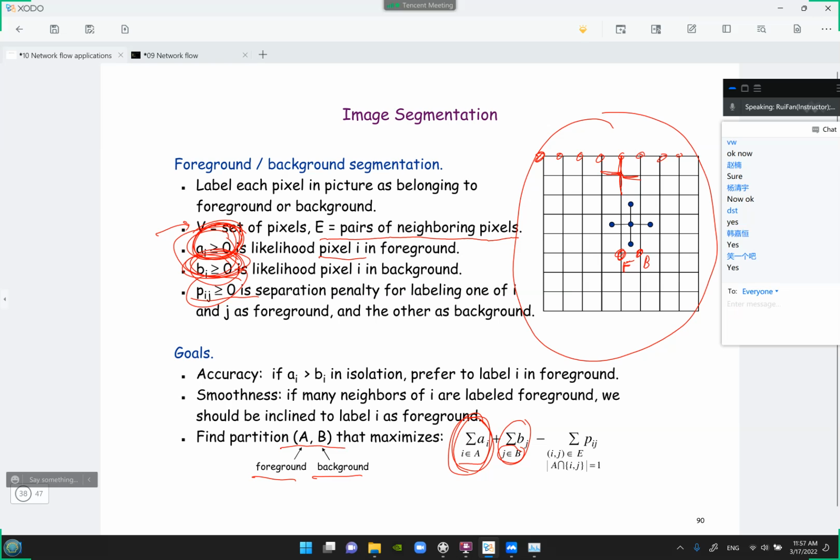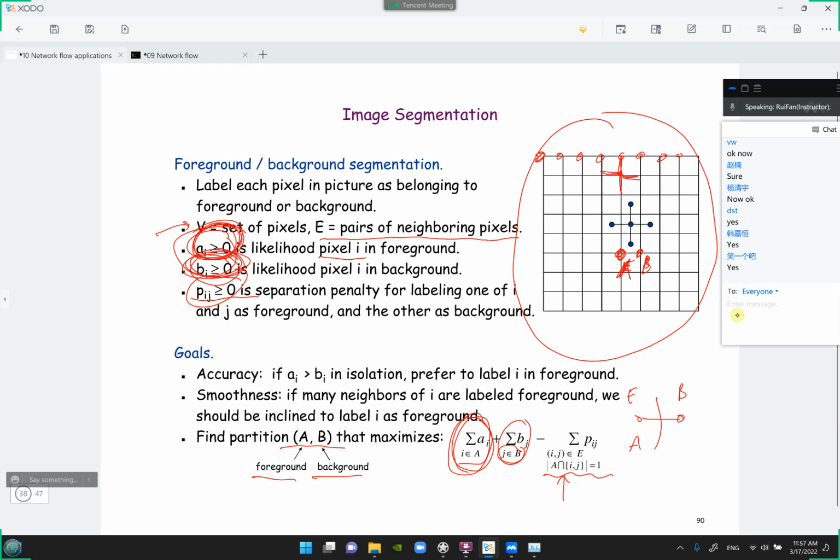And finally, you do not want to separate neighbors. If this pixel is in A, which is the foreground, you don't want the other neighbor to be in B. So for each edge, if you have A intersect this edge, this condition basically means that this one was chosen to be in the foreground and this one was chosen to be in the background.